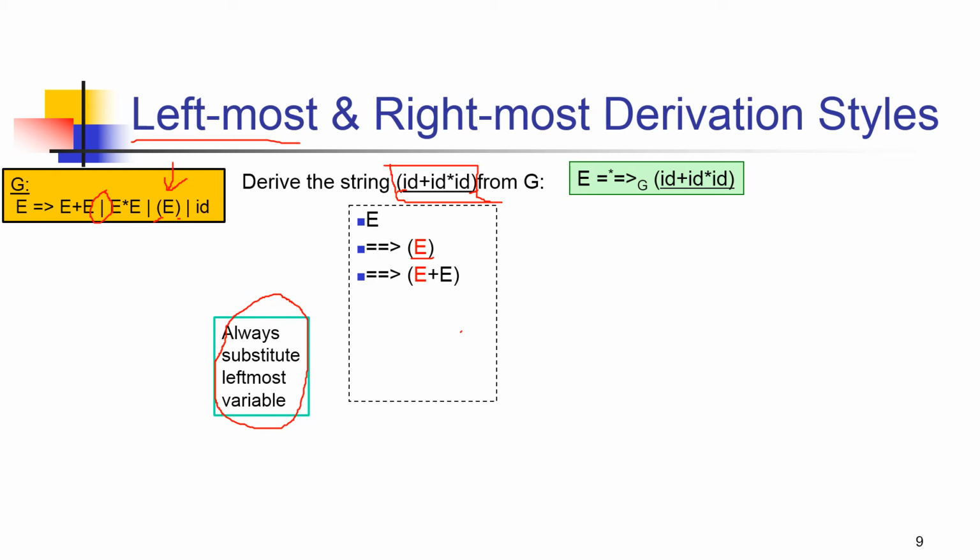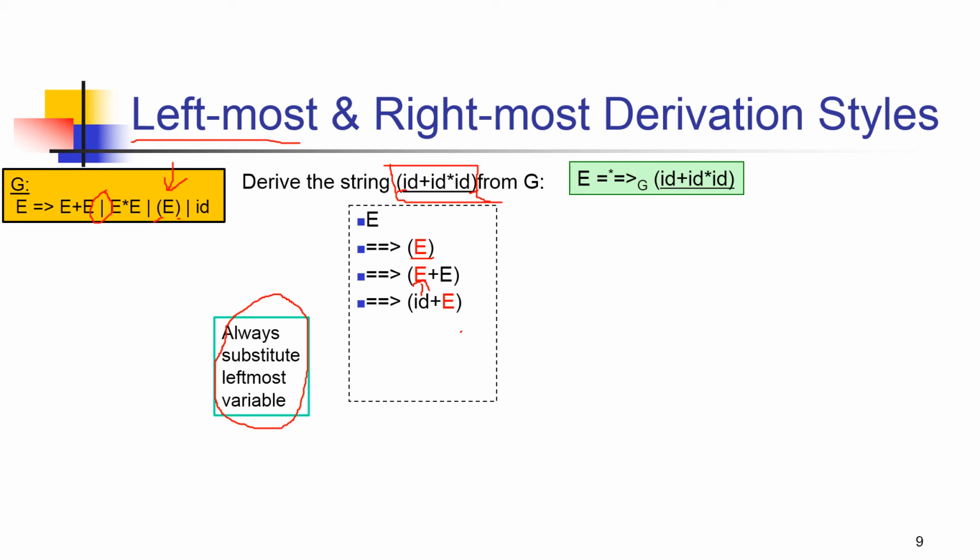I want id plus id, so I have replaced it by E plus E. Now I have two variables and three terminals here. Which variable is the leftmost? That is this particular E. Hence I am going to replace this E with id. Now I got bracket id plus E bracket.